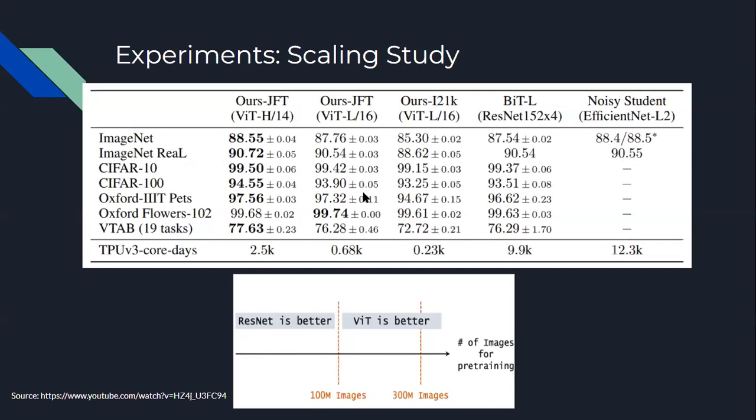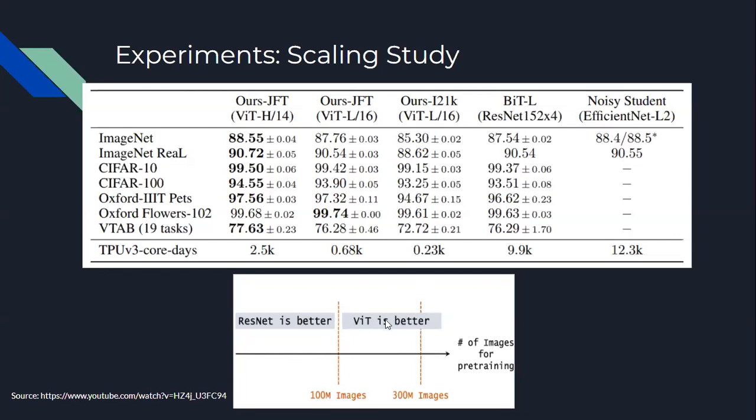When they used the ImageNet large data set, the Vision Transformer is comparable with the ResNet. Both look the same. But when they used the bigger JFT data set, which has 300 million images and 18,000 classes, the Vision Transformer is better than the ResNet, about 1% better performance.